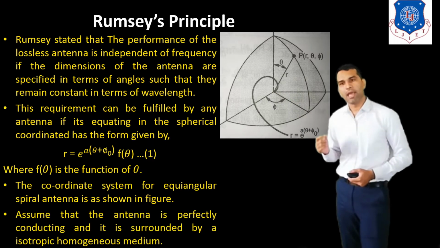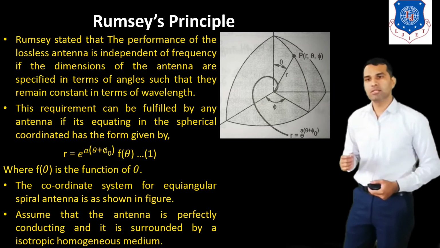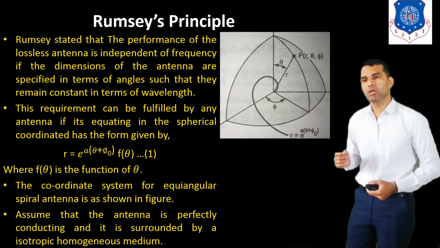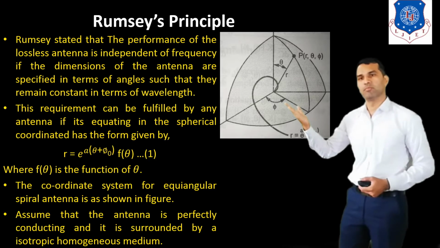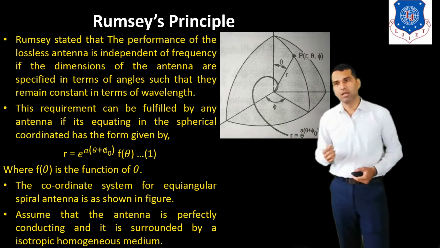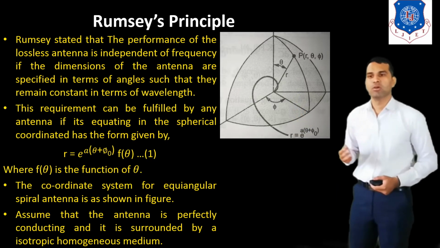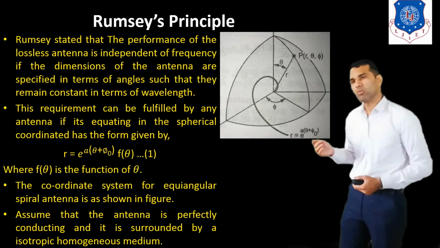We assume that the antenna is perfectly conducting and it is surrounded by an isotropic homogeneous medium.